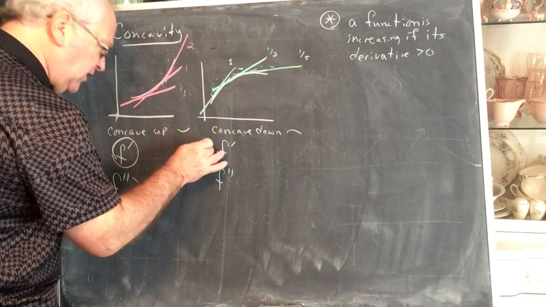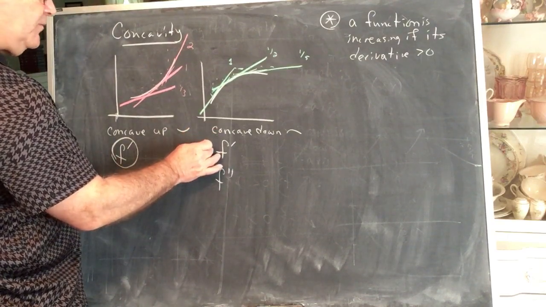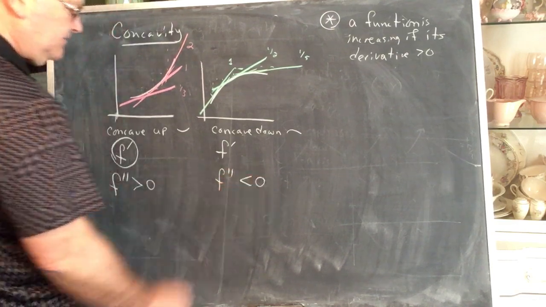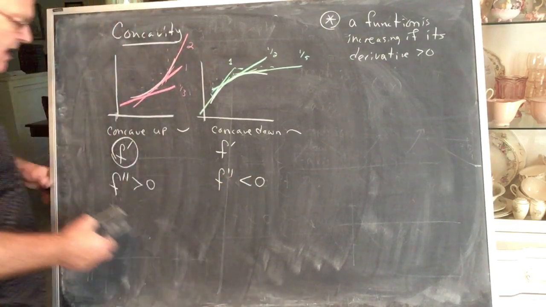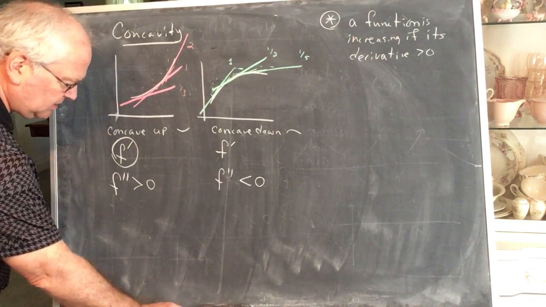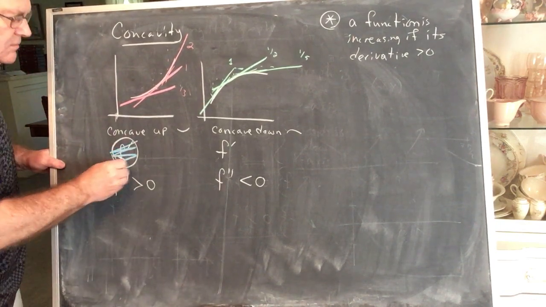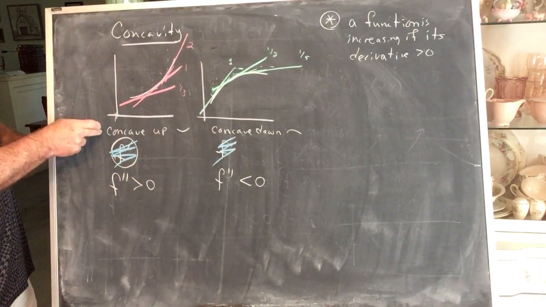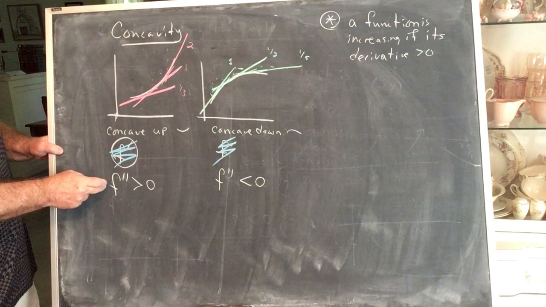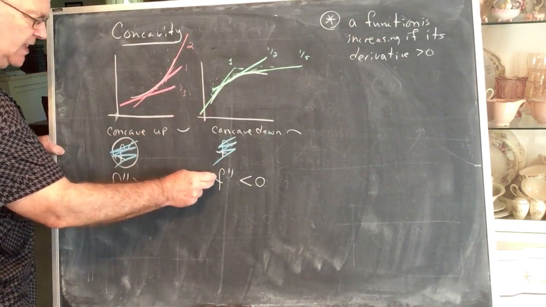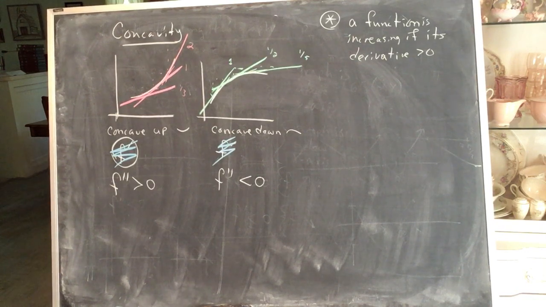So the first derivative is decreasing if the second derivative is less than 0. Well, let's eliminate the middleman. If we take this piece out of the puzzle, the curve is concave up if the second derivative is greater than 0. The curve is concave down if the second derivative is less than 0.